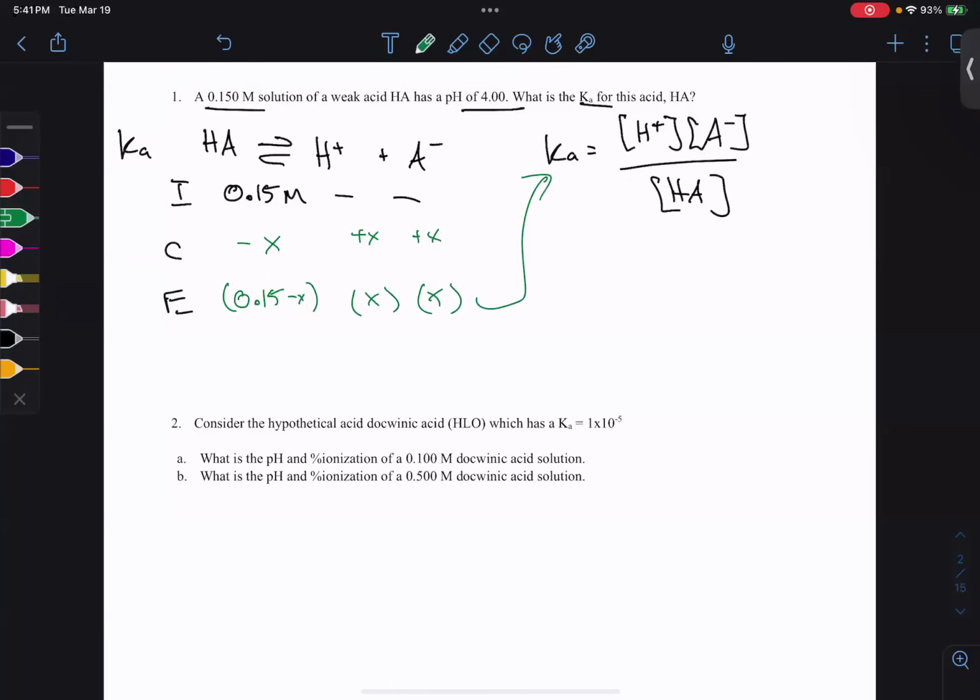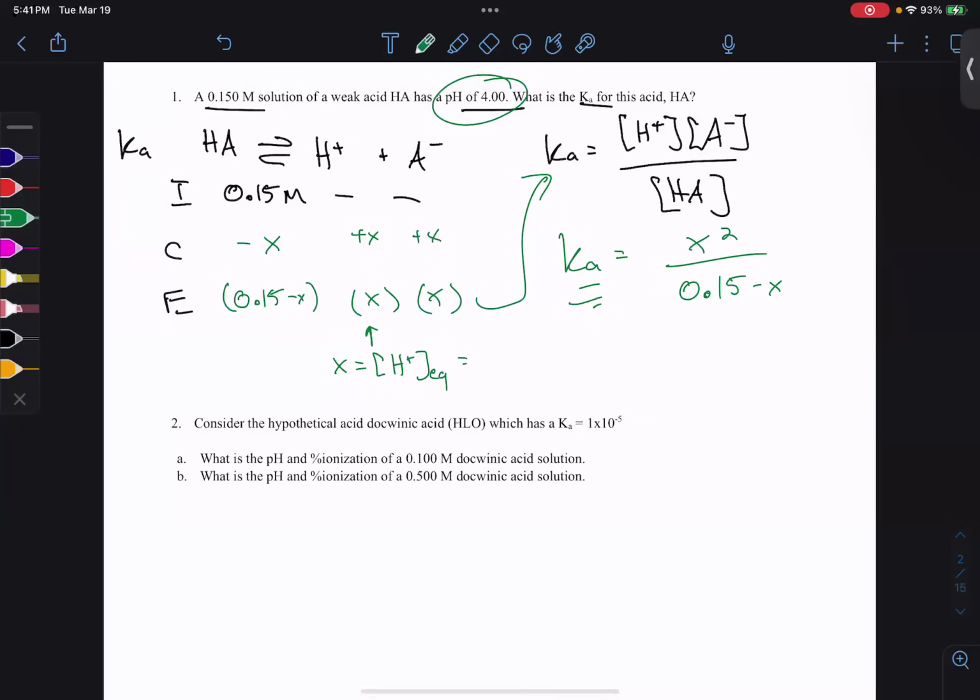So we put those values into our Ka expression, x squared over 0.15 minus x. We want to calculate what Ka is, so we need to figure out what x is. What piece of information did we not use yet? pH. Does pH help us figure out what x is? Yes, because x is actually also equal to the H plus concentration at equilibrium.